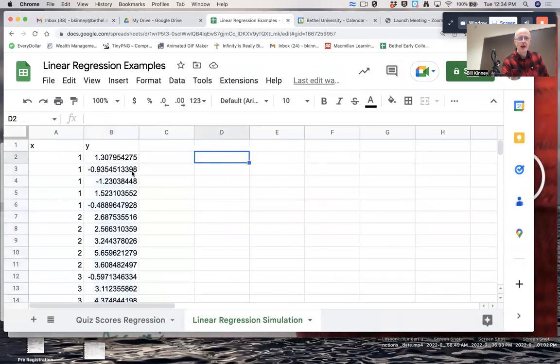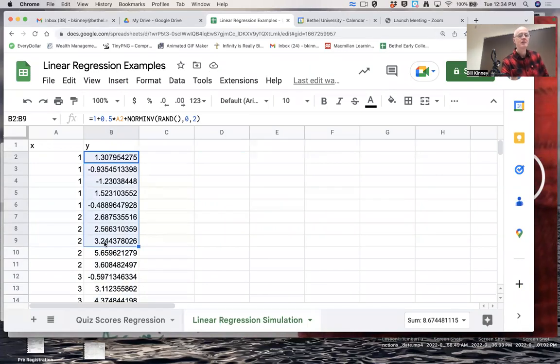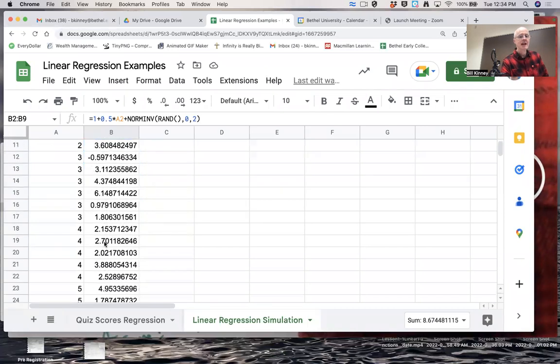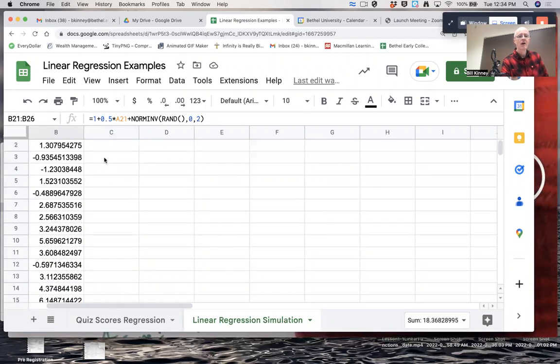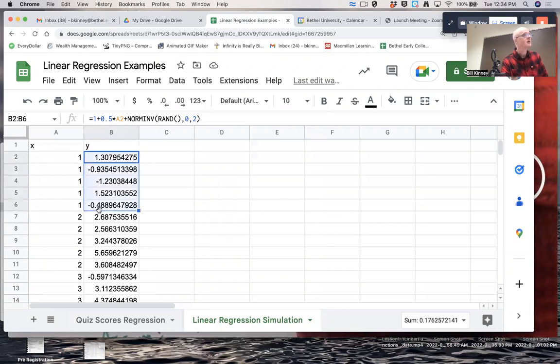So what do we have here? We have a bunch of X values that repeat, 1s, 2s, 3s, 4s, and 5s, and the corresponding Y values that come from the regression model, a simulation of the regression model. It should be the case as I go down this list toward when X is 3, 4, or 5 that, generally speaking, the Y values are bigger than they are over here. Yeah, that's true.